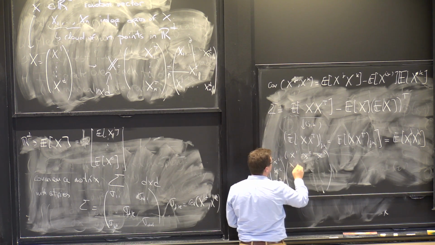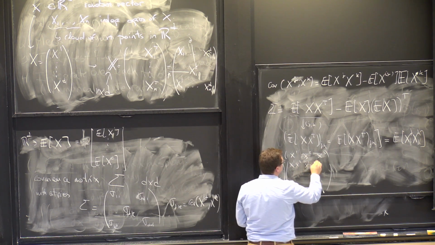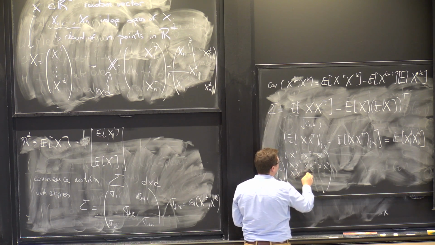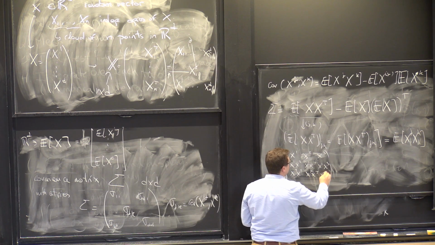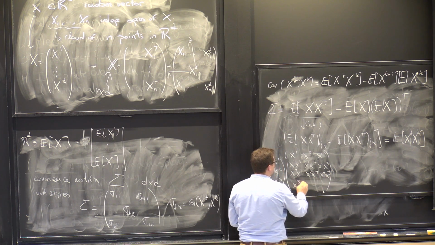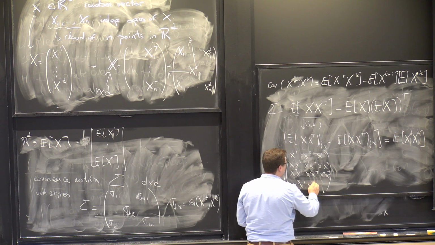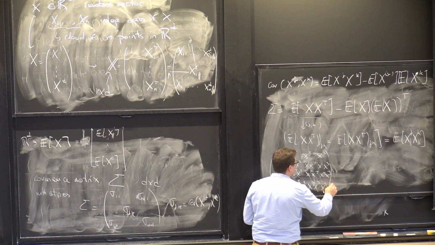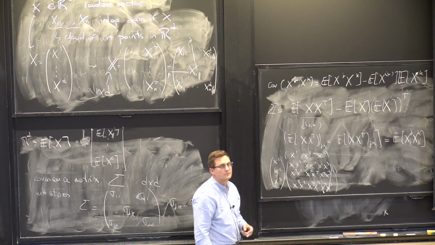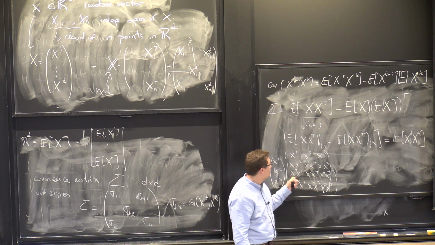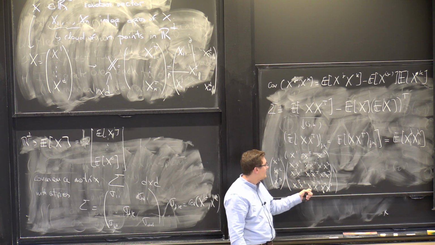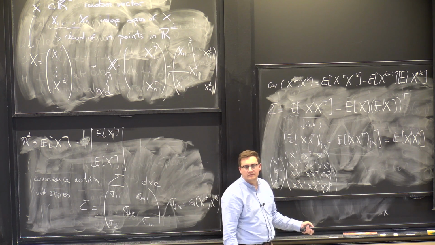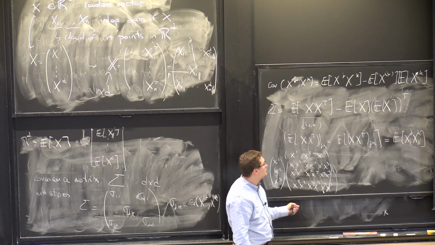The entries are x1x1, x1x2, x1x3, x2x1, x2x2, x2x3, x3x1, x3x2, x3x3. OK? So indeed, this is exactly of the form. If you look at jk, you get exactly xj times xk. OK? So that's the beauty of those matrices.